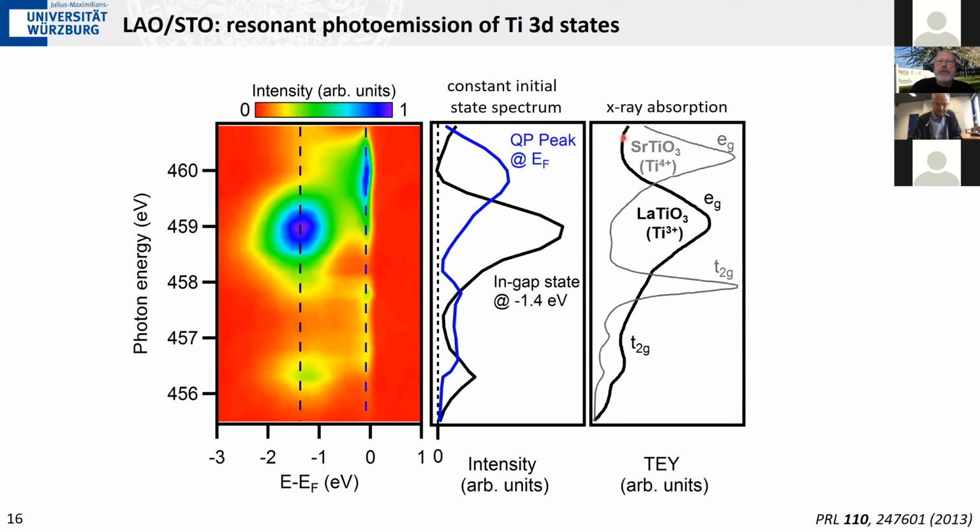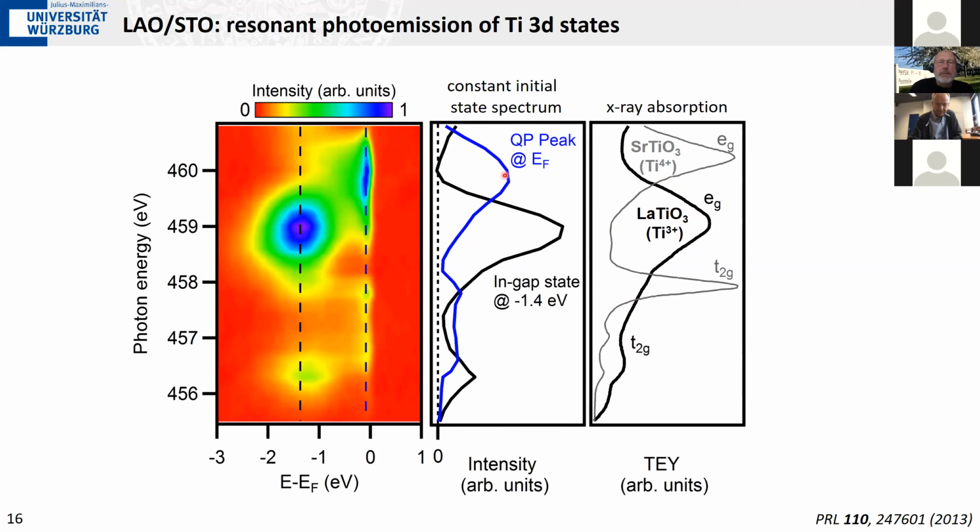And this is in comparison the bare X-ray absorption spectrum. And you can see that the in-gap state very closely tracks the intensity of the absorption that you measure in a trivalent titanate. This is not LAO, this is lanthanum titanate, where titanium is in a 3+ state.